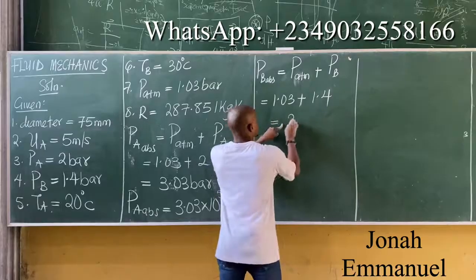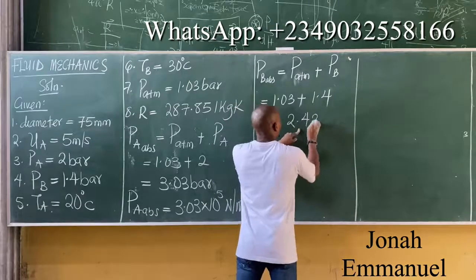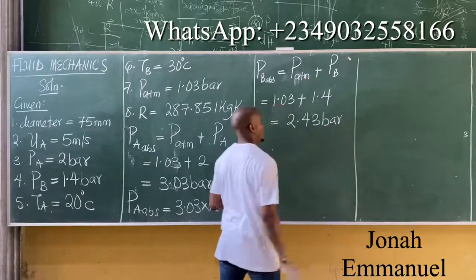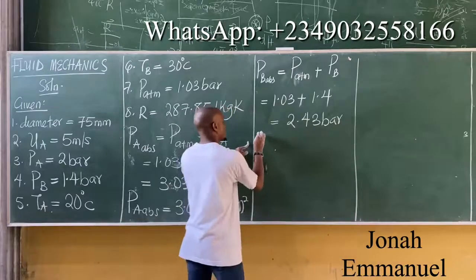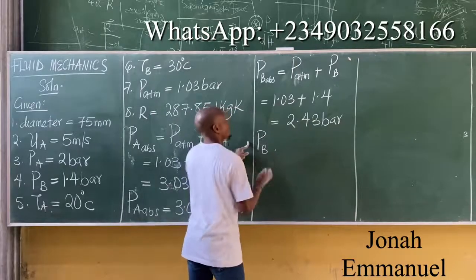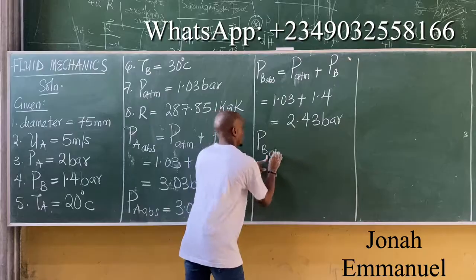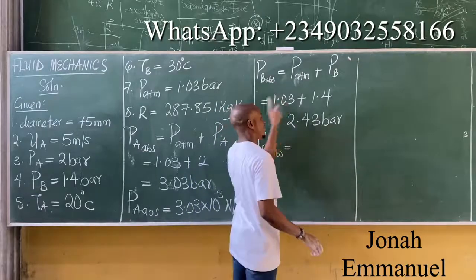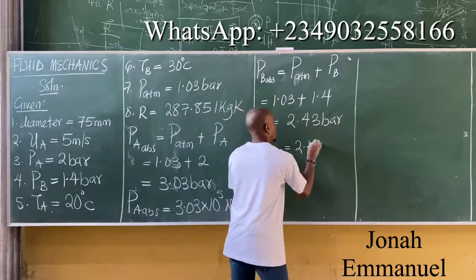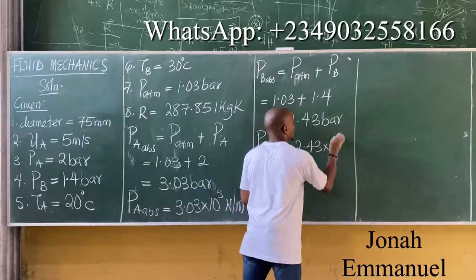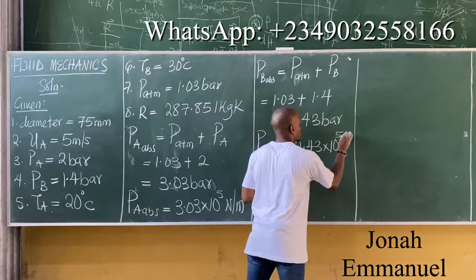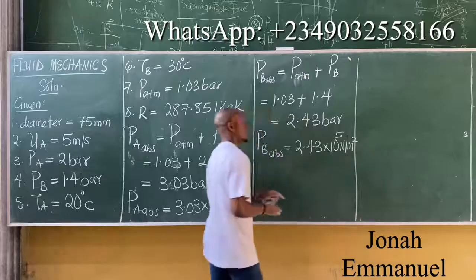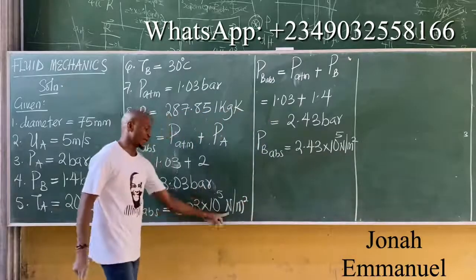Combined, this gives you 2.43 bar. So PB absolute is, converting this, 2.43 times 10 to the power 5 Newton per meter squared. That is how to convert bar to Pascal.